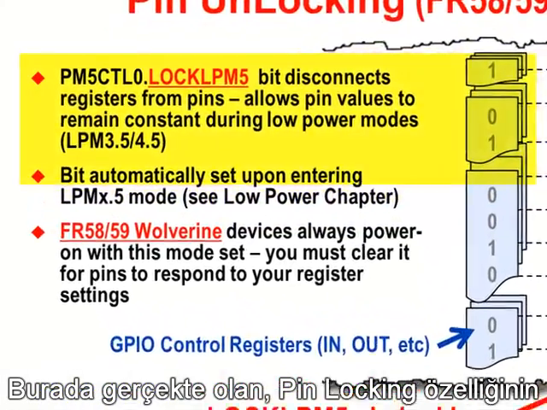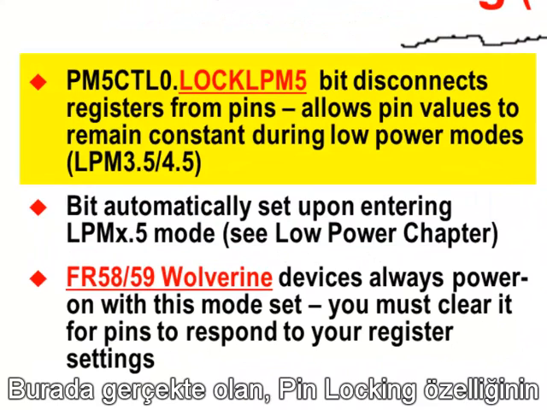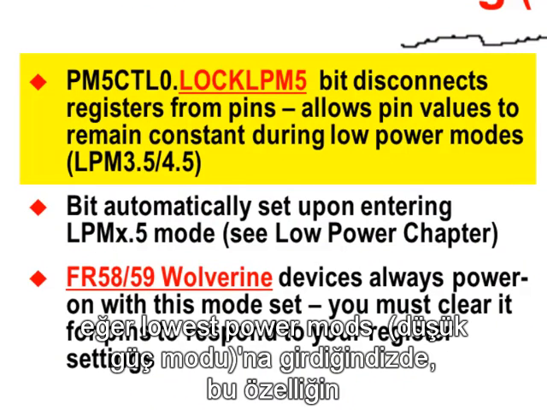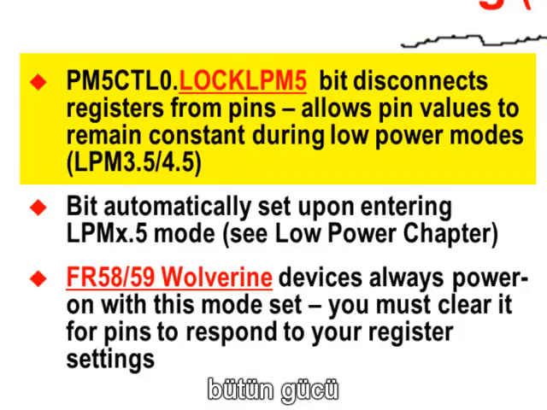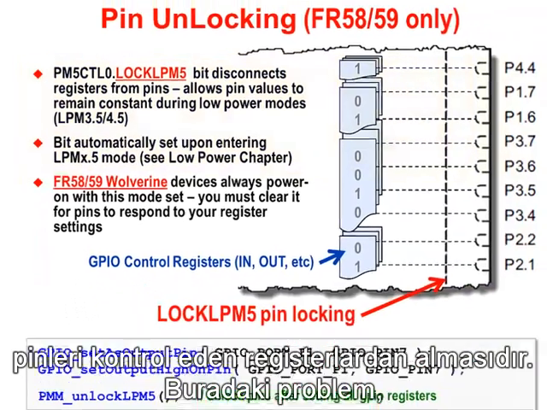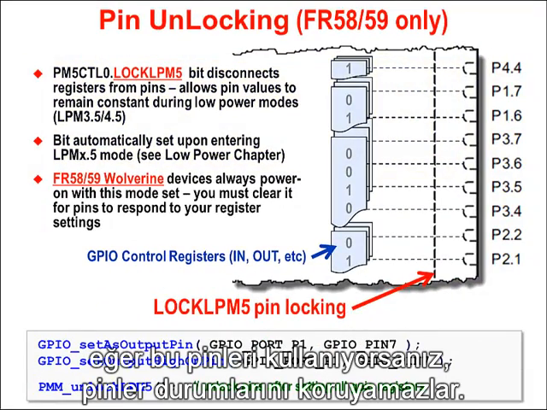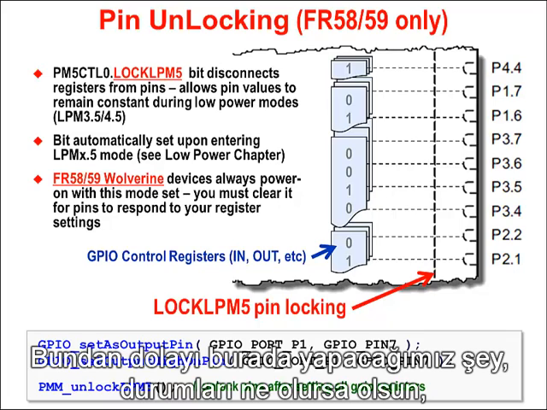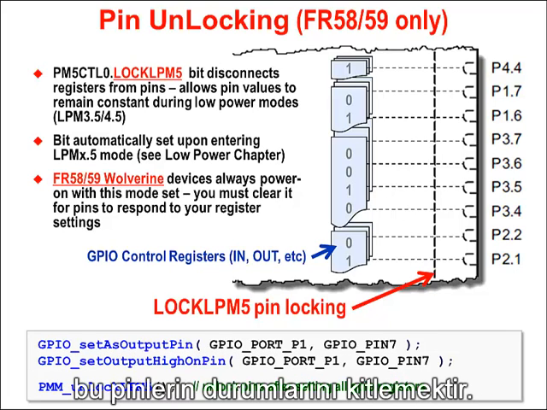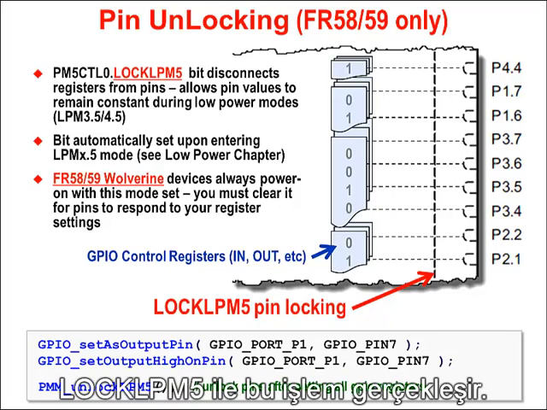So there's a pin locking feature. It's really there for if you go into the lowest power modes. In the very lowest power modes, we take all the power away from the registers that drive the pins. The problem is that if we aren't driving those pins, they're not going to hold their state. So what we can do is lock those pins to whatever state they're at. And that's what the LOCKLPM5 is all about.